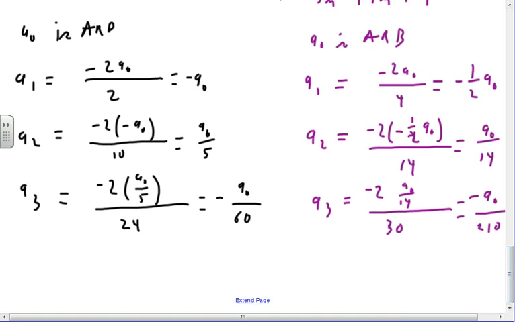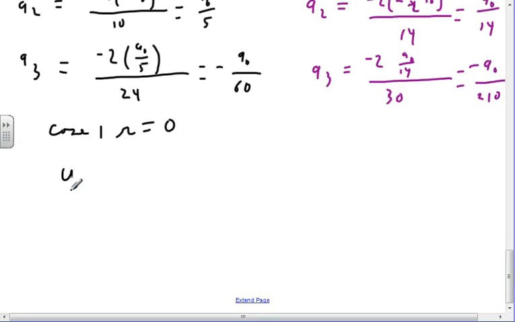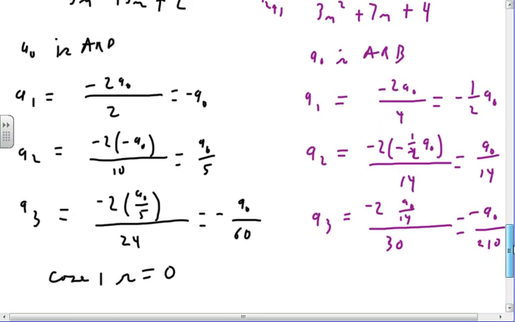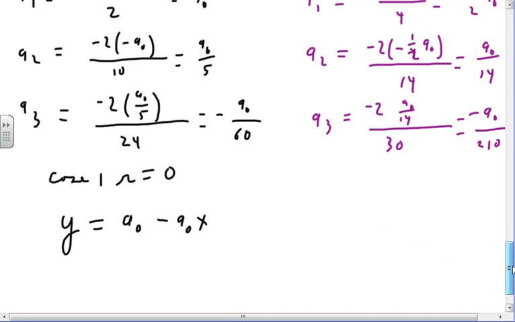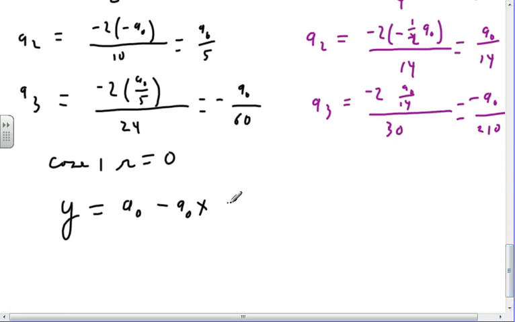Okay, so case 1, r is equal to 0. y is going to be a0 minus a0x plus a0 over 5 x squared minus a0 over 60 x cubed.